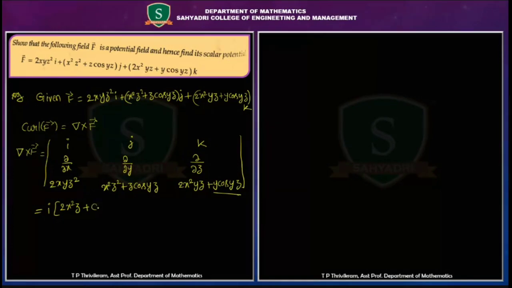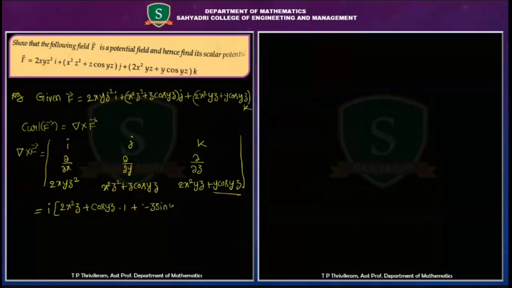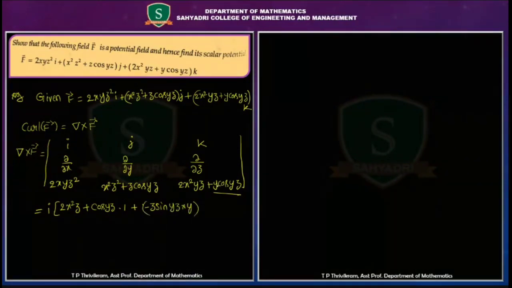I keep cos yz aside, differentiation of yz is z, so cos yz plus, minus z sin yz into y. Okay, y you have kept aside, differentiation of cos yz is minus sin yz into differentiation of yz, that is z.